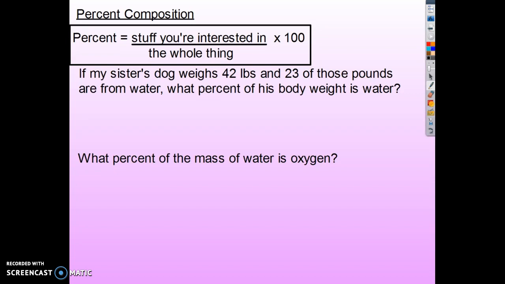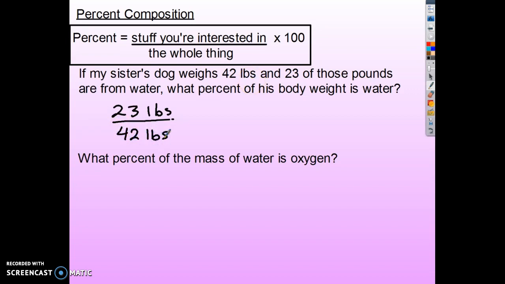So here's an example. If my sister's dog weighs 42 pounds and 23 of those pounds are from water, what percent of the body weight is from water? What part are we interested in? We're interested in the part that is made up of water, and so the weight of water in this question is only the 23 pounds. So the 23 pounds is the stuff we're interested in, and it's going to go in the numerator. The whole thing is the mass of the whole dog, which is the 42 pounds.